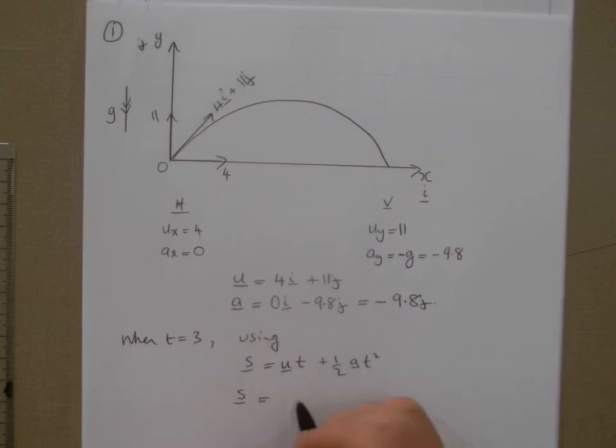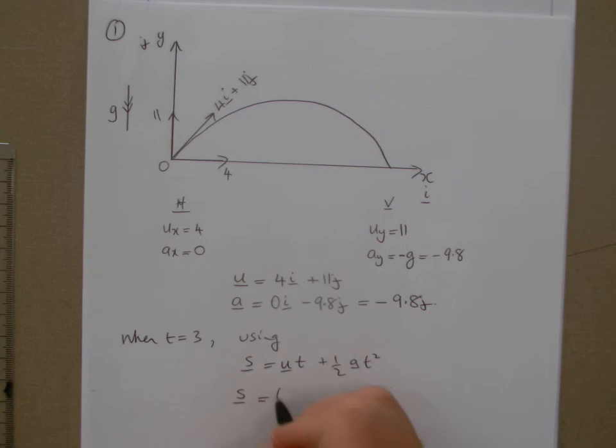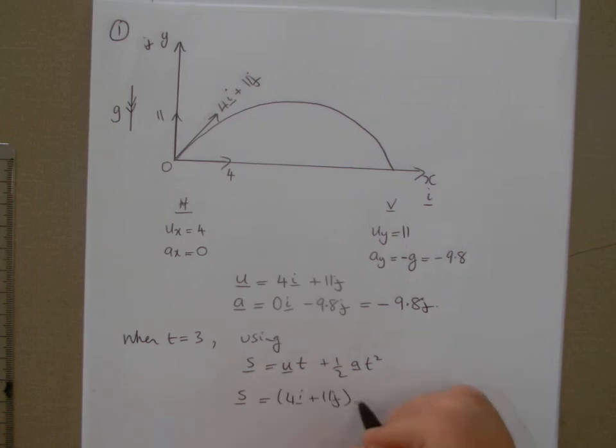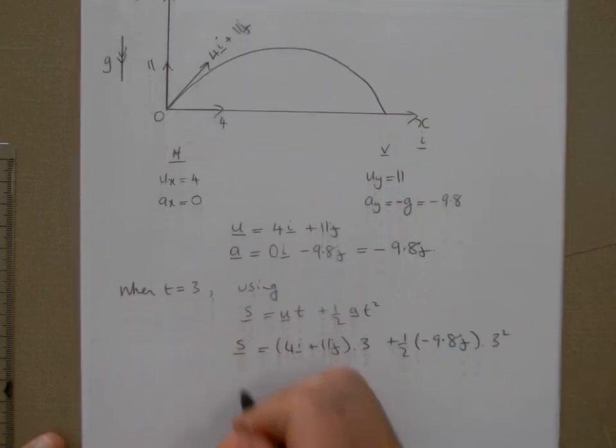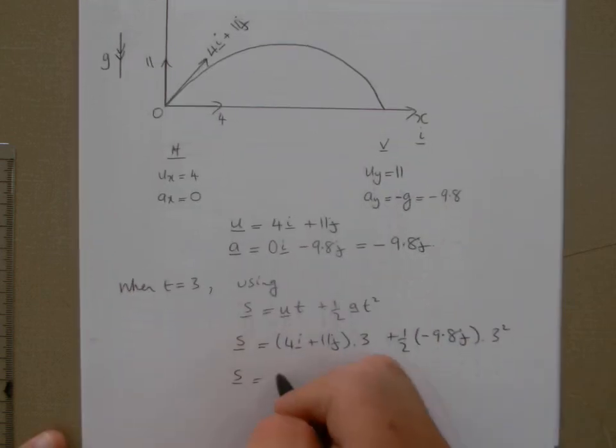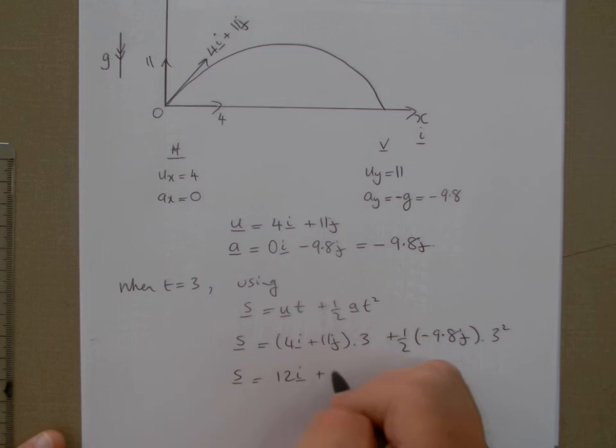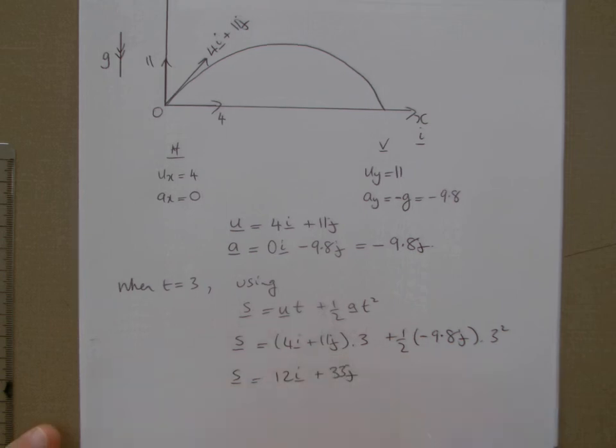So you've got u, which was 4i plus 11j, times t, which is 3 seconds, plus half times the acceleration, which is due to gravity, minus 9.8j, and then 3 squared for t squared. We can then expand that first bracket, so you get 12i plus 33j.